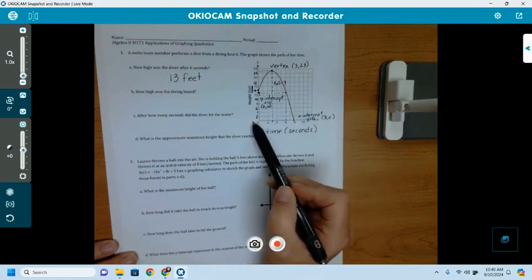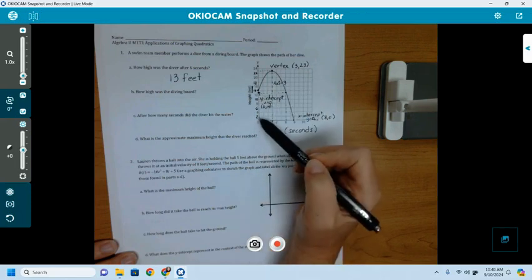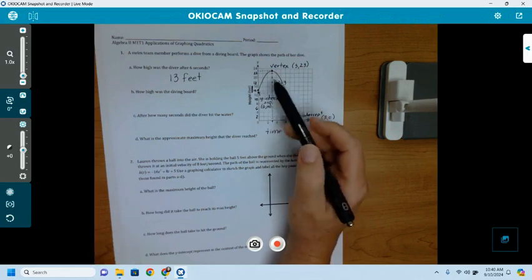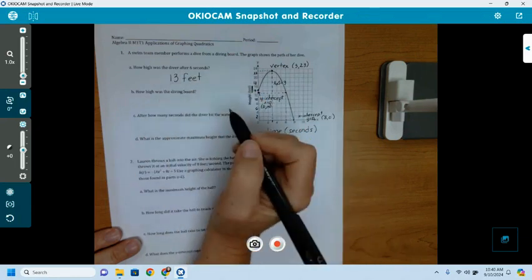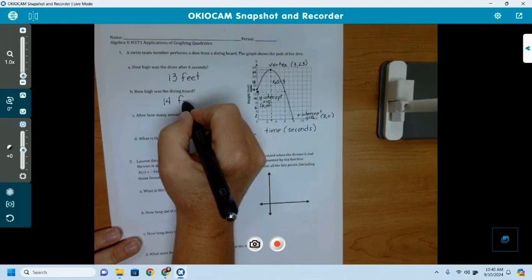I would say ground would be 0 in the height. It looks like she started on the diving board at 14 feet, right there. That would be the y-intercept. So the y-intercept is at 14 feet.